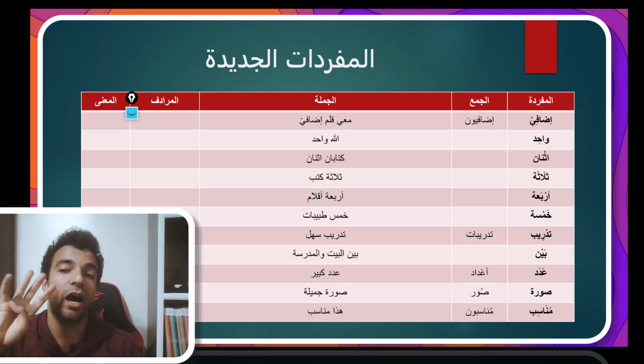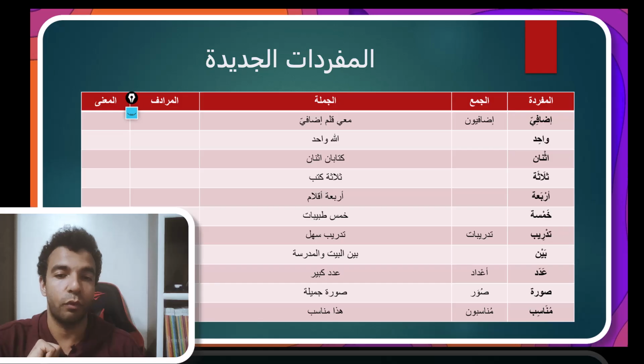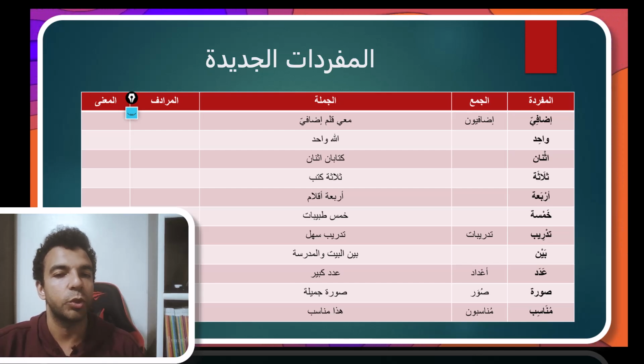And then أربعة, 4. أربعة أقلام, خمسة, 5. خمس طبيبات. Notice sometimes we say ثلاثة كتب, and another time we said خمس, not خمسة طبيبات, 5 female doctors. There is something behind that we will learn later, inshallah.